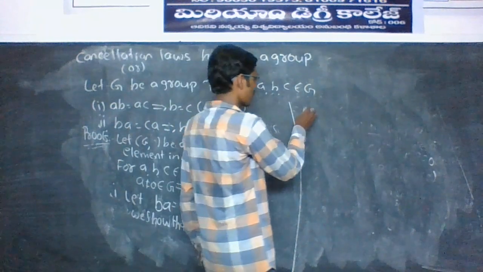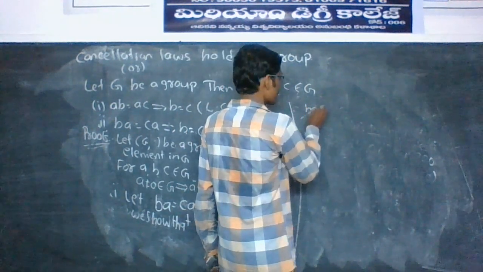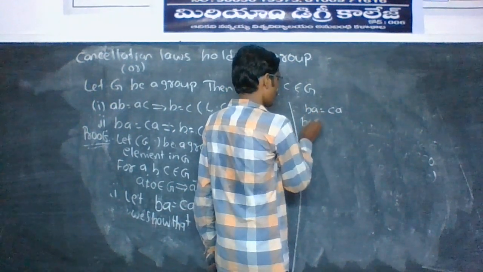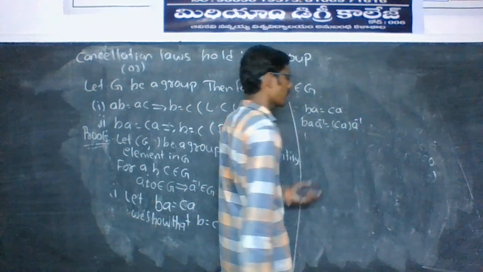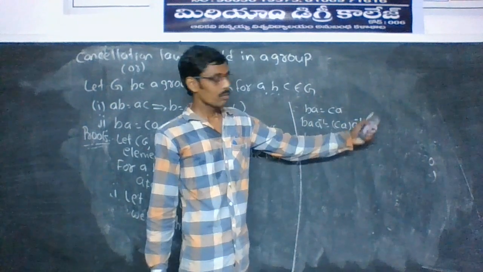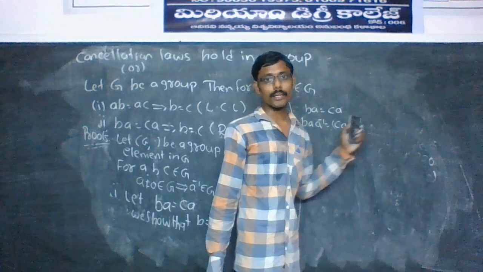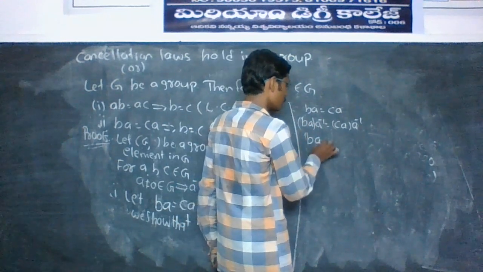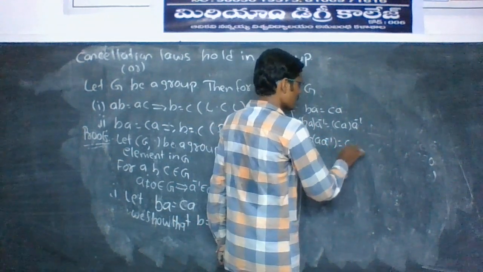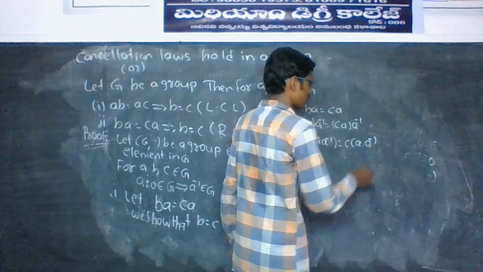Multiply both sides on the right by A inverse. BA into A inverse is equal to CA into A inverse.